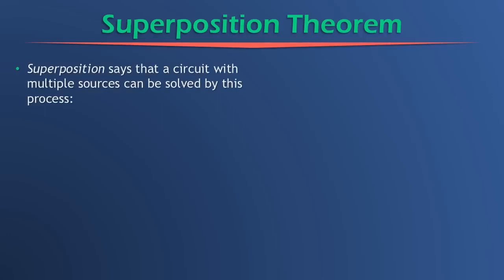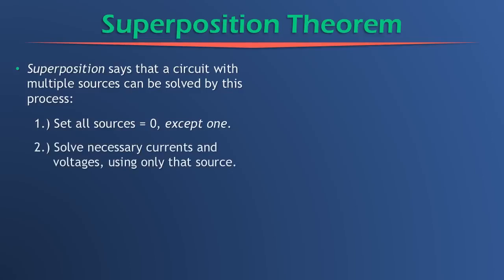So here's the general process for doing that. Superposition says that a circuit with multiple sources can be solved by this process. First thing we want to do, set all sources equal to 0 except for the one that we're considering. And we know how to set all sources equal to 0. Then you want to solve for the necessary currents and voltages, depends on the problem, of course, using only that one source, which is actually going to be relatively easy.